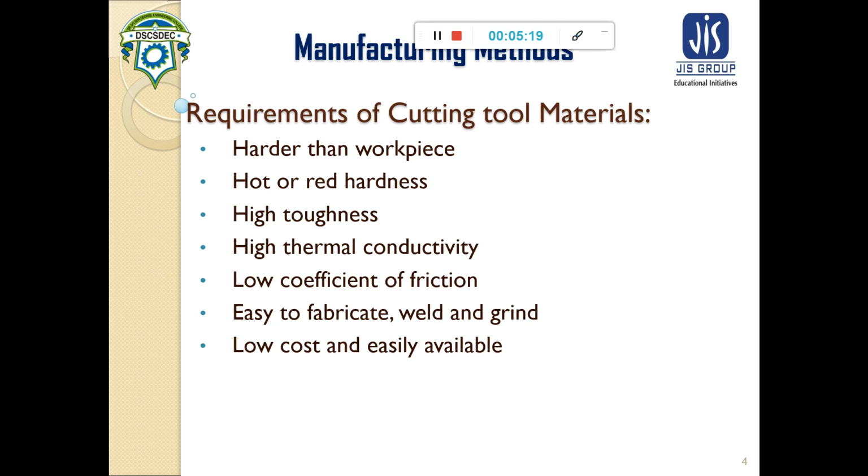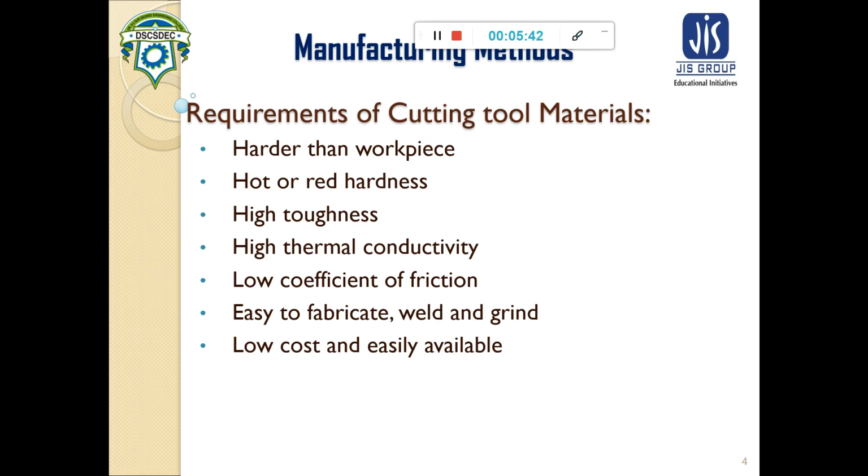High toughness should be there. High thermal conductivity should be there. Low coefficient of friction should be there, and this cutting tool material should be easy to fabricate, weld and grind, and the cost of this cutting tool should be low, so that it can be very easily available.